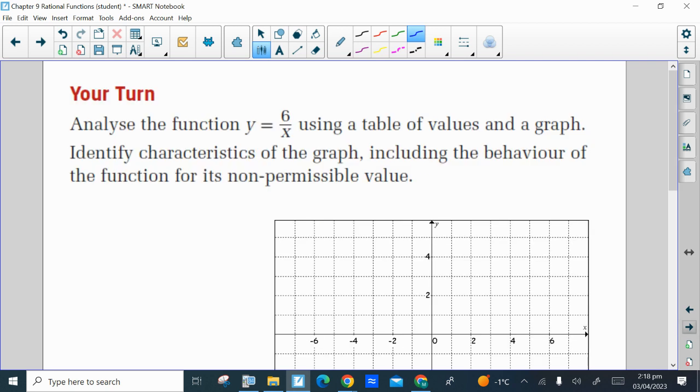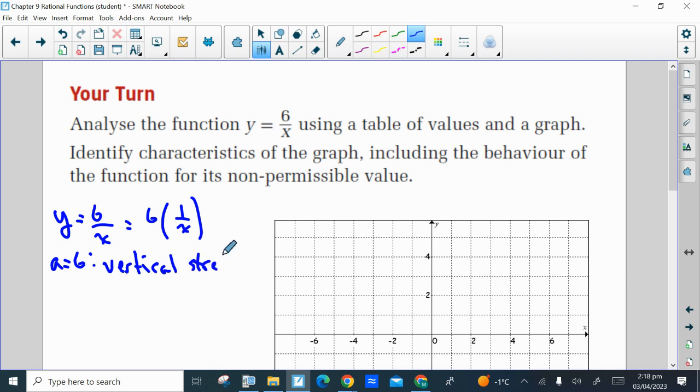And so for this next one, y equals 6 over x. So y equals 6 over x is the same thing as 6 times 1 over x, which means we have an a value of 6. Remember, that causes a vertical stretch.